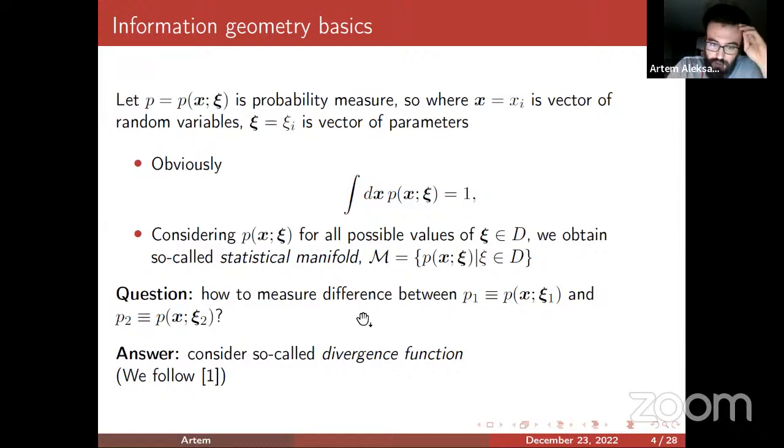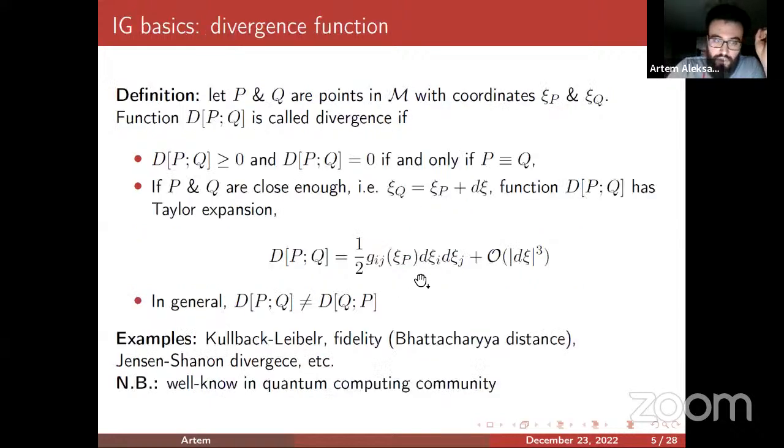And the answer to this question is to consider the so-called divergence function. It is a definition of the divergence function. Let two points P and Q be points on the manifold M, and their coordinates are xi P and xi Q. So the function D is called a divergence if it satisfies the following conditions.